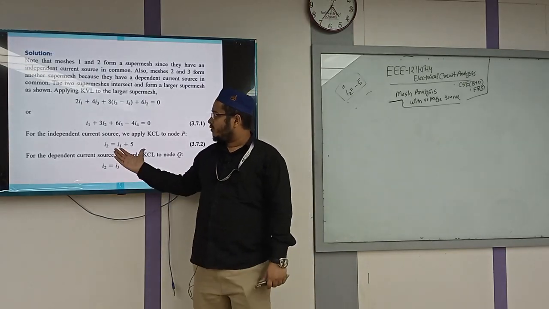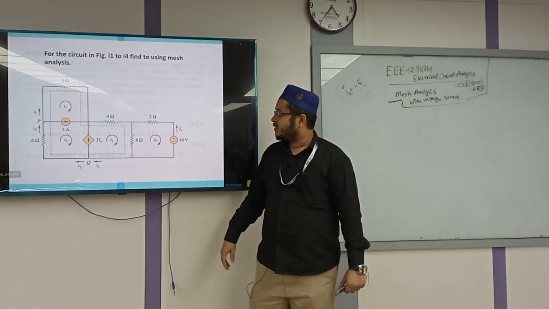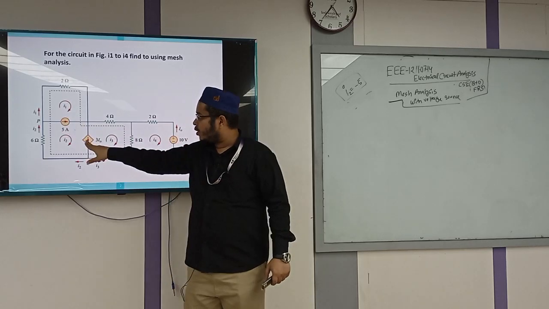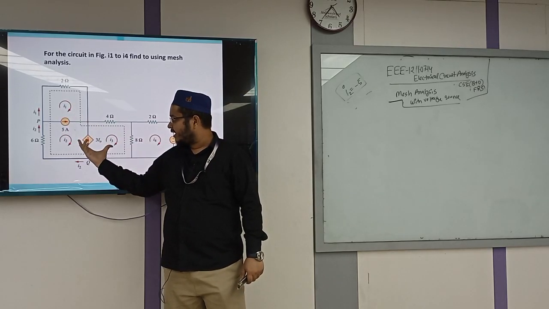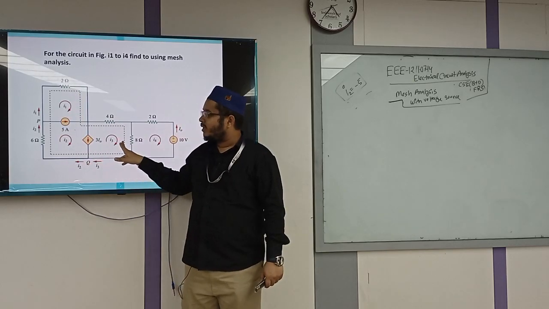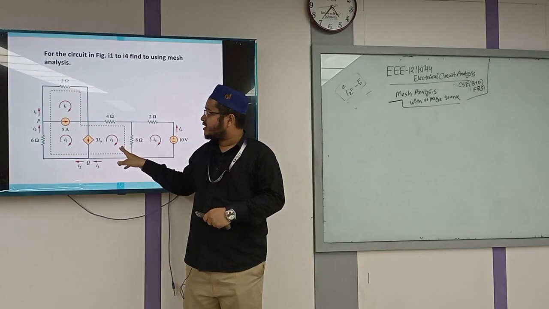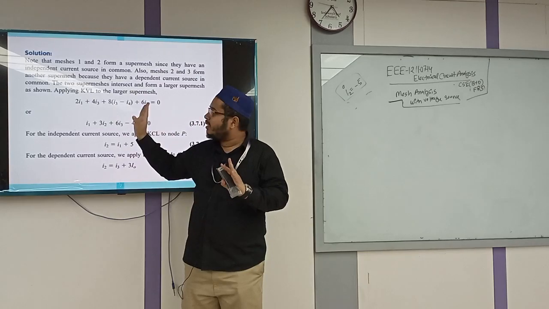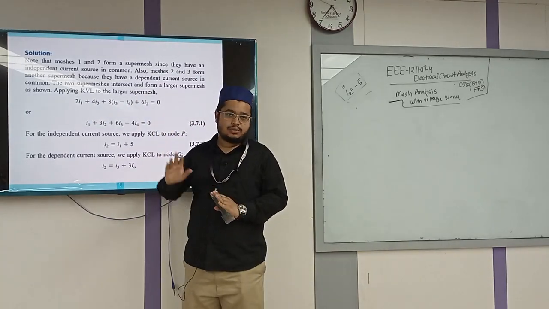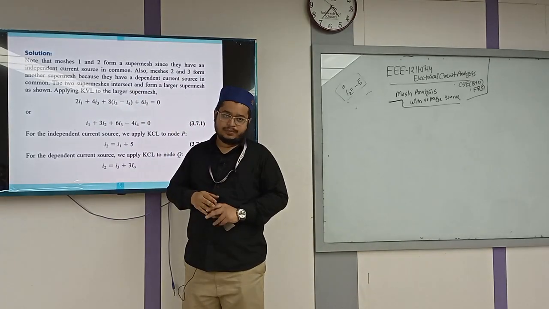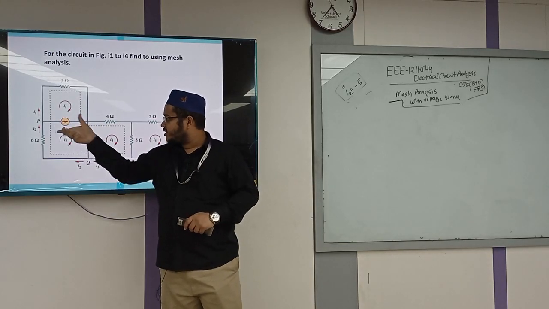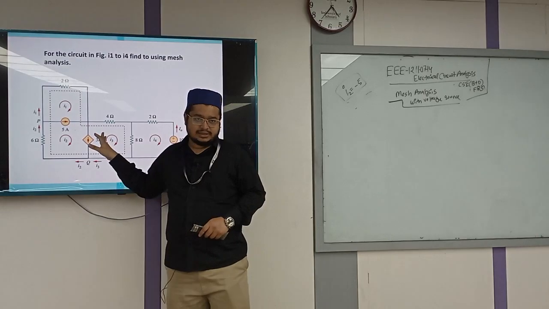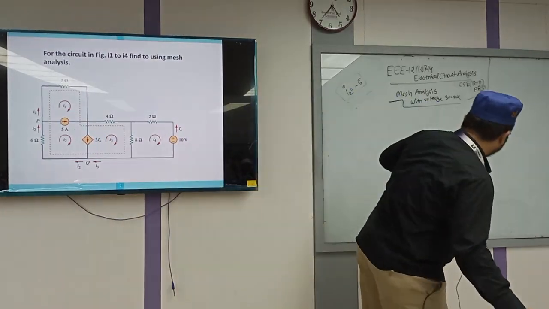If you solve this circuit, both super meshes will be counted with KVL around the whole loop. I have to remove this part and this part from this circuit, so the circuit will look like this.